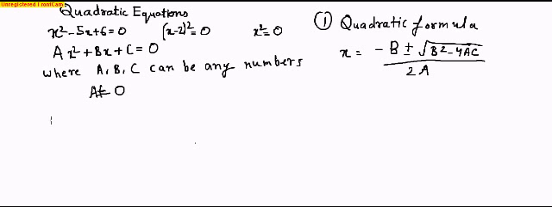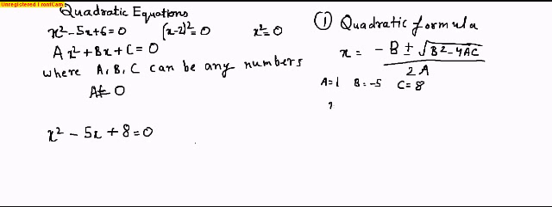Now let's try to solve this: x square minus 5x plus 8 equal to 0. Using the quadratic formula, we get capital A is equal to 1, B equal to minus 5, and C equal to 8.